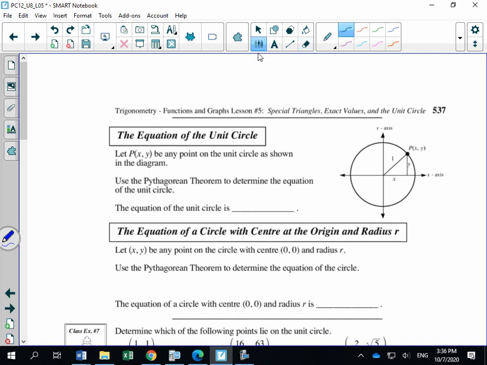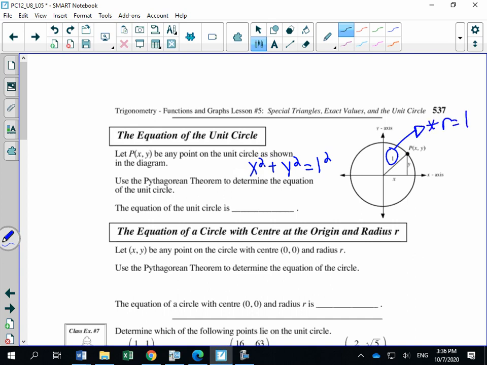Okay, so the equation of the unit circle. It says let P, which is (x, y), be any point on the unit circle as shown. Use Pythagoras' theorem to determine the equation of the unit circle. So Pythagoras' theorem gives x squared plus y squared is equal to 1 squared, because the radius on our unit circle is always 1.